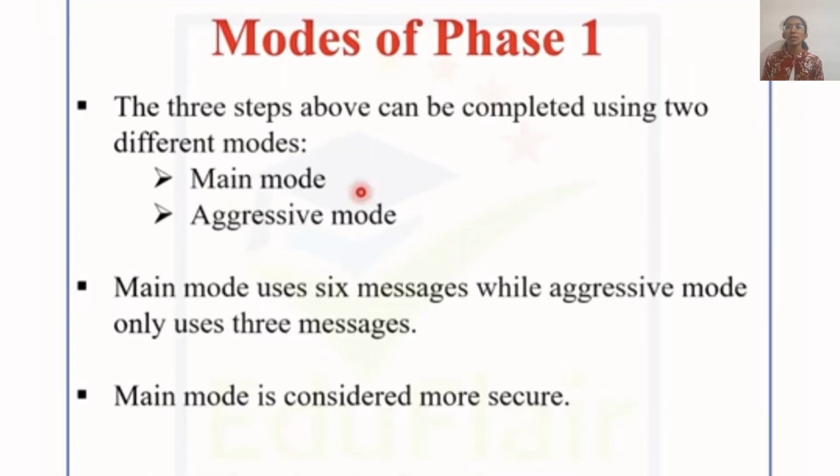And now let me tell about the modes of phase 1. The three steps above can be completed using different modes. The first is main mode and the other is aggressive mode. Main mode uses 6 messages while aggressive mode uses only 3 messages. Main mode is considered more secure than aggressive mode.